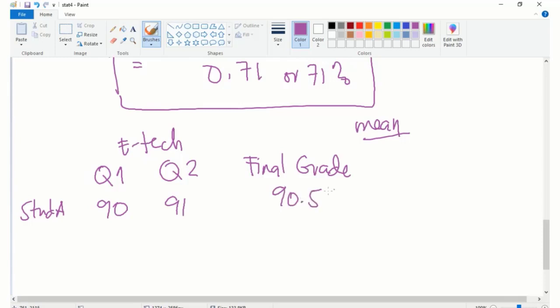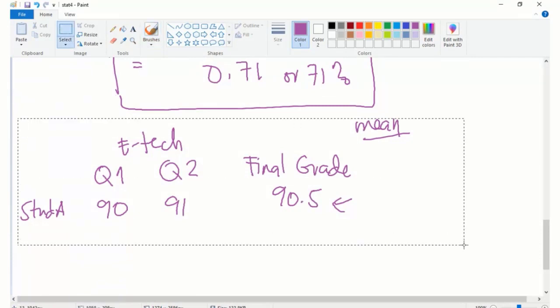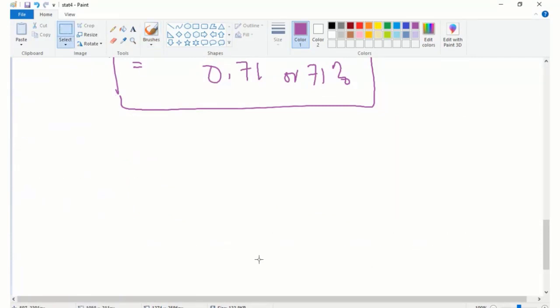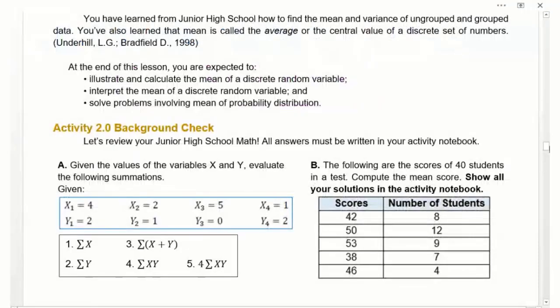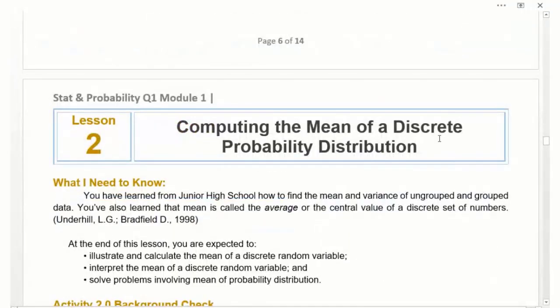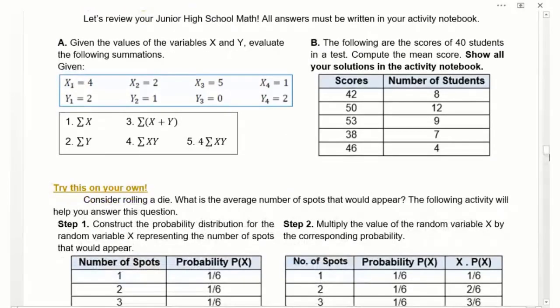Okay, so yun ang final grade mo. And this is average or that is what you call mean. Okay, yun ang ibig sabihin ng mean. Okay, so when we say computing the mean of a discrete probability distribution, we are solving for the average. Yun lang ang ibig sabihin nun.